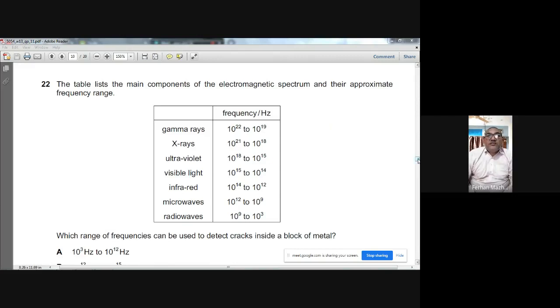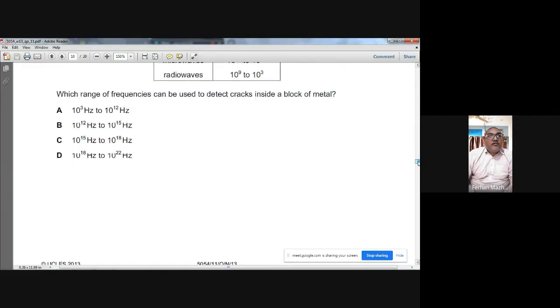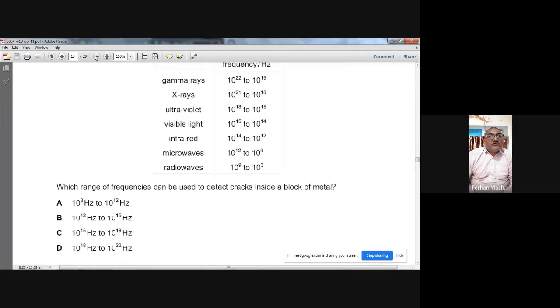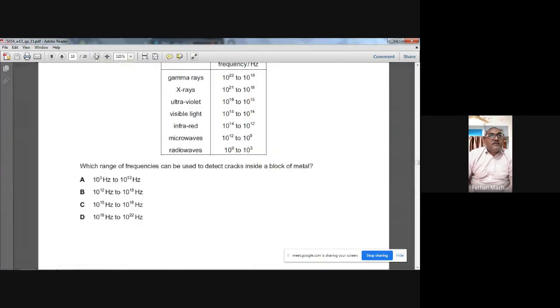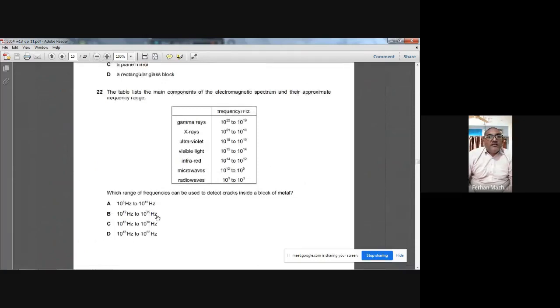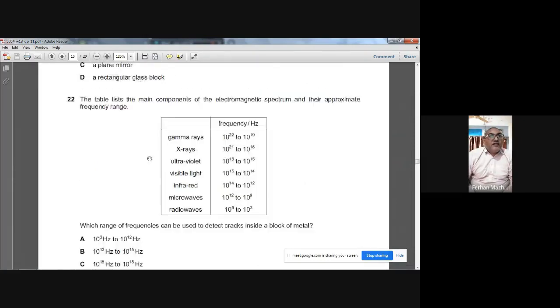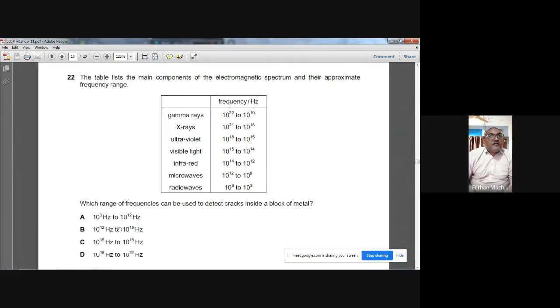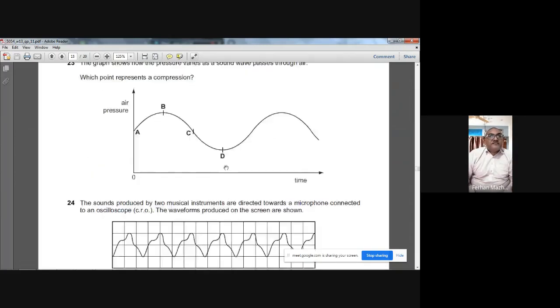Let me see what the options are. Reduce size a little bit. There you see. This is 10 to the 18 to 10 to the 22. X-rays are used. This is option D. For this purpose, we use X-rays.